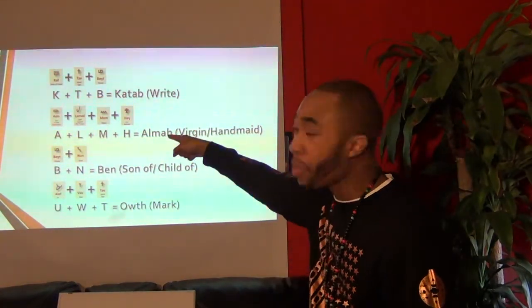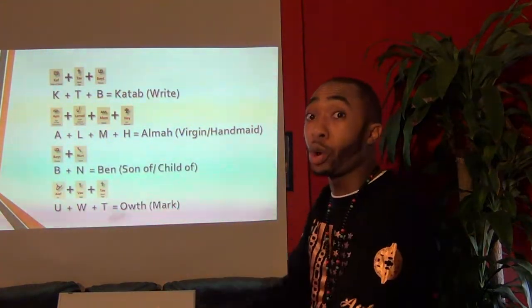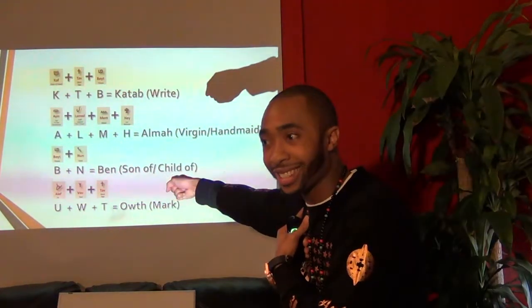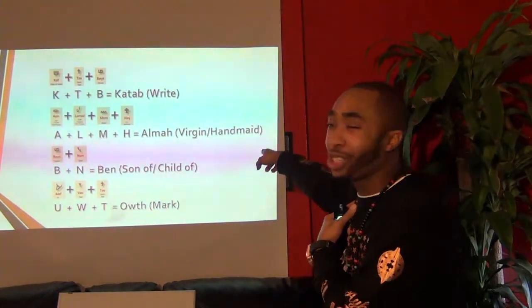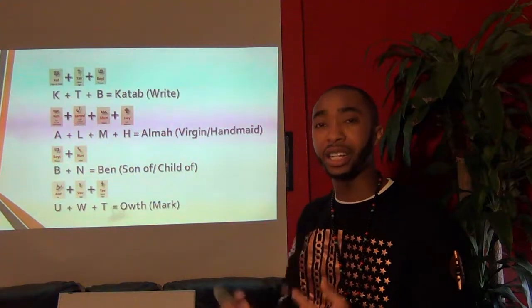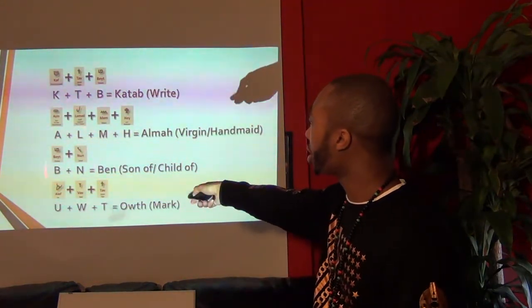So when the woman is ripe, we know she's ripe to be pulled towards a covenant of marriage when we see the flow of her blood. And that's how you get the word Alma, a virgin handmaid. That's good stuff, right, Sam? Yes, sir. And that's how you syntax these letters, and this is how you understand the character of these words. Alright? Earlier I discussed Ben.